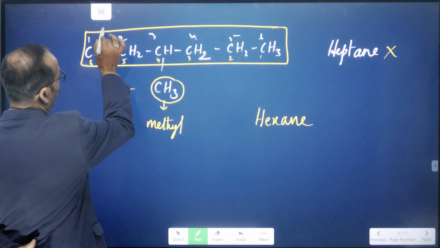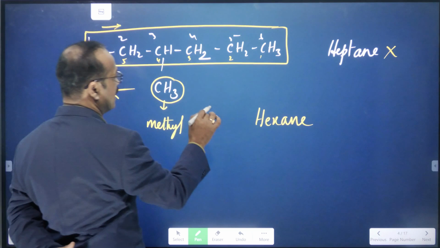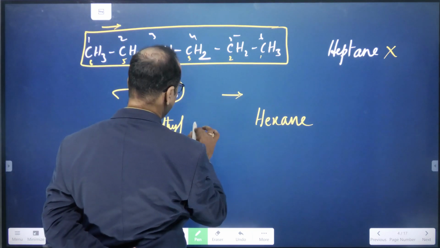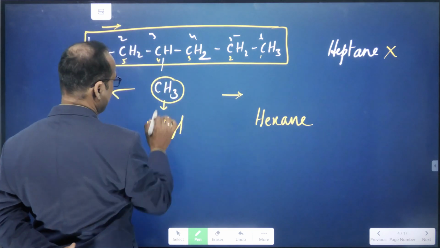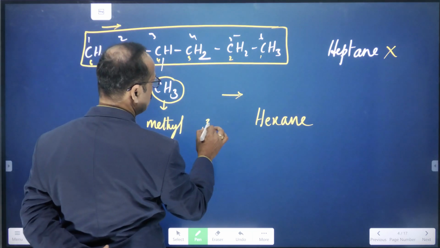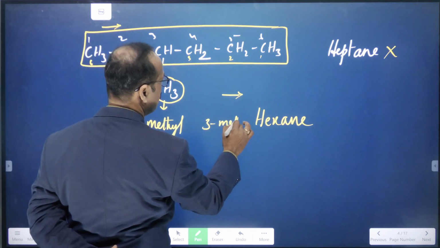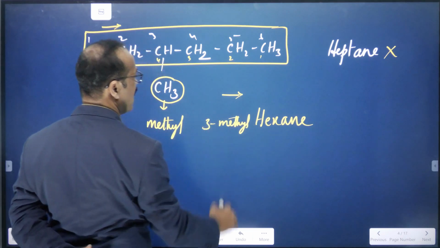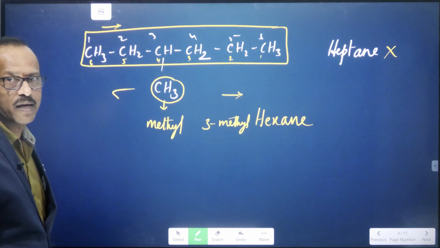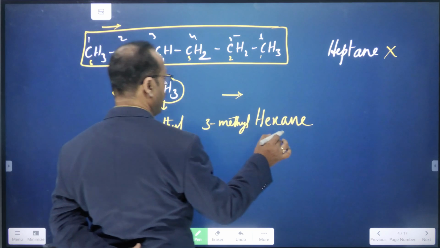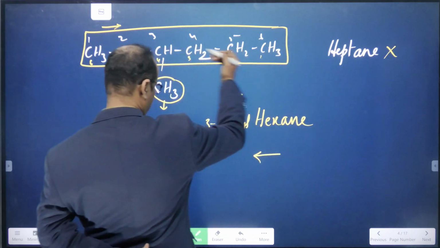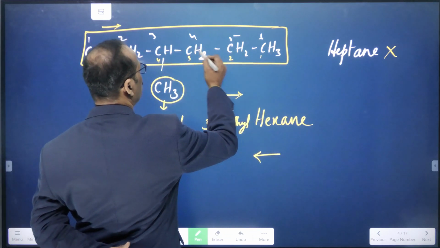So if I count from left to right, the methyl is attached to the third carbon. So the name of this one is 3-methylhexane.